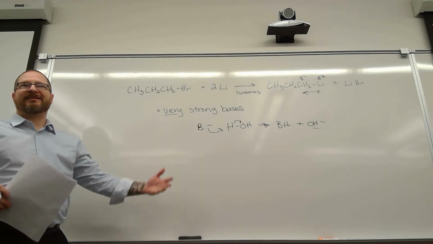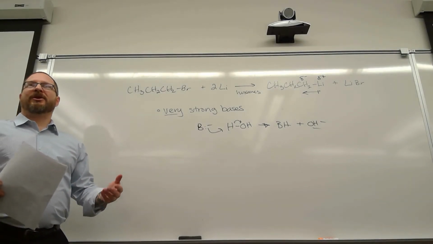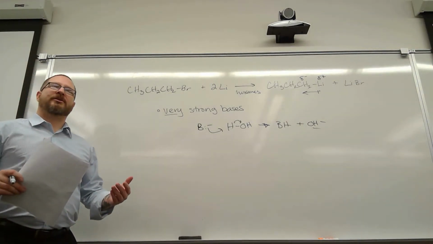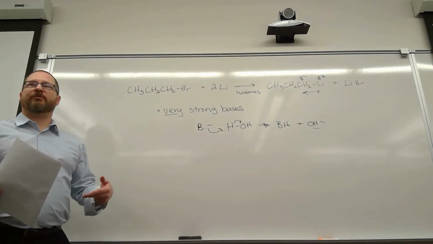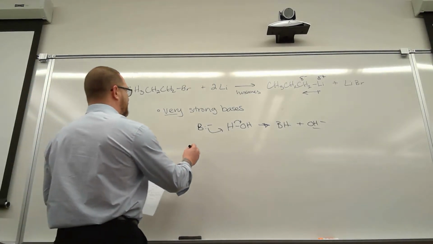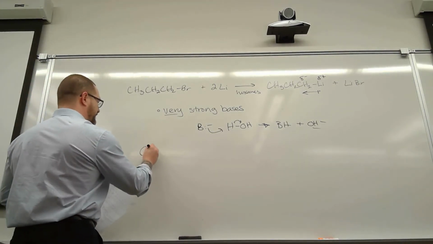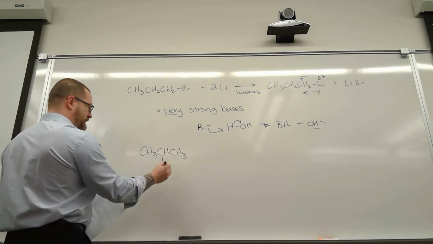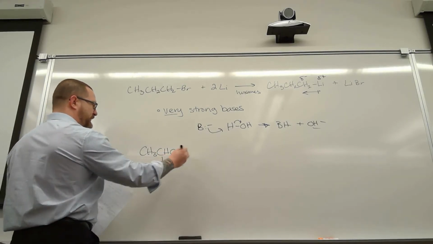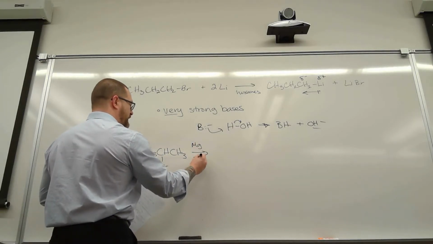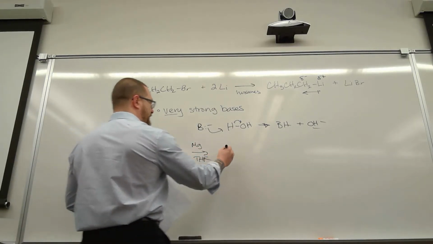If you have wet diethyl ether, your Grignard reaction will not work, because as it forms, it will react with trace water in your solvent, and what you'll get is, let's say we've got this, and you react it with magnesium and THF.